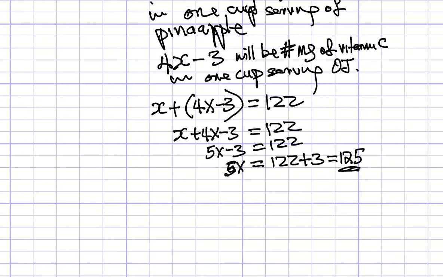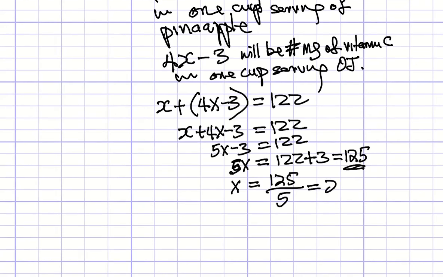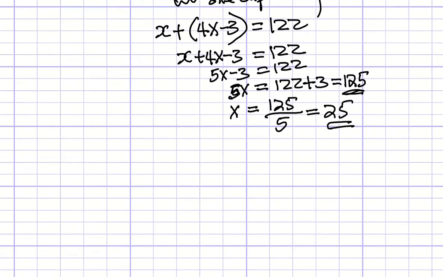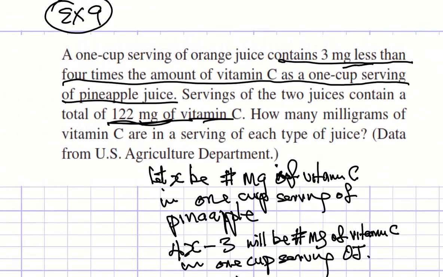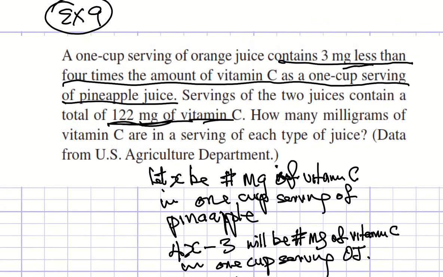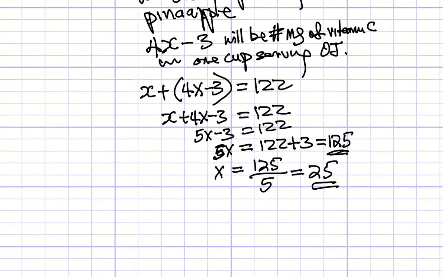Then x equals 125 over 5. 125 divided by 5, you get 25. So x is 25. x is the amount of milligrams of vitamin C in 1 cup serving of pineapple juice.